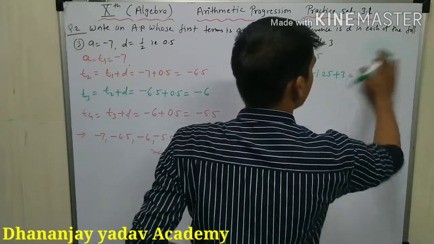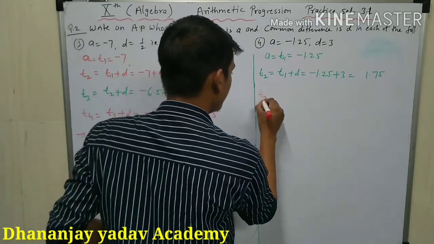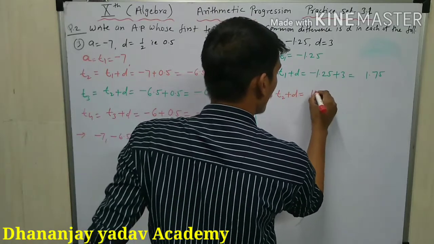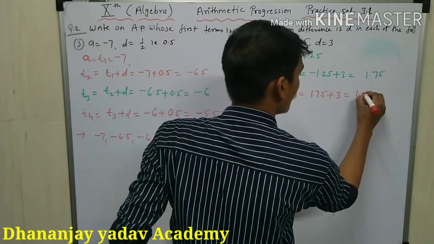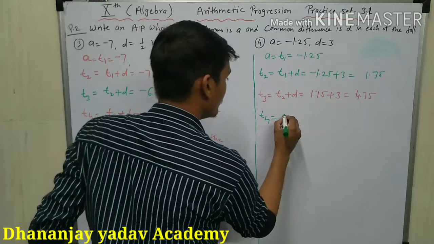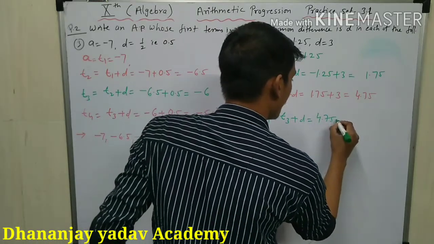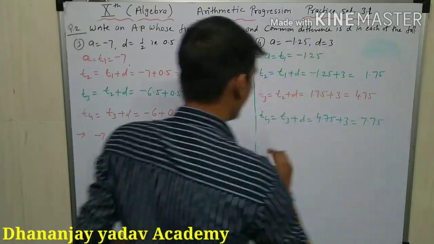1.75. Understood? Now you can find out T3, which means T2 plus D. T2 is what? 1.75 plus 3 is 4.75. Now find out T4, which is T3 plus D is equal to 4.75 plus 3 is equal to 7.75.